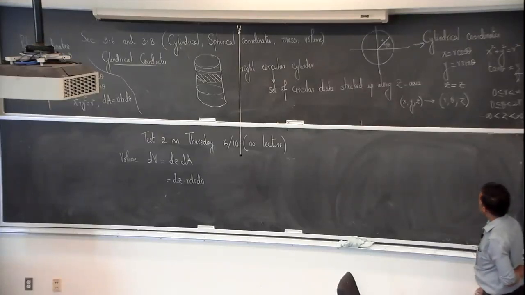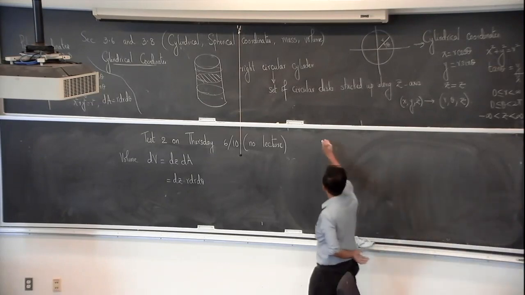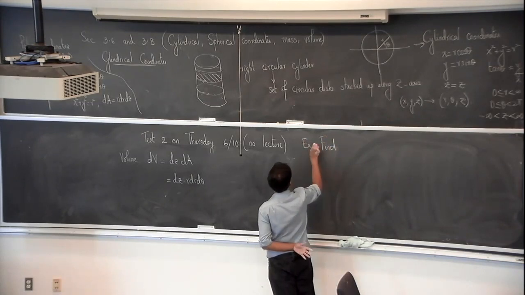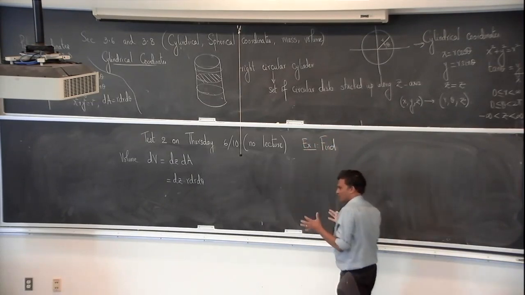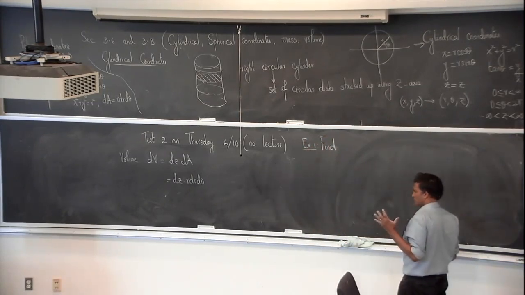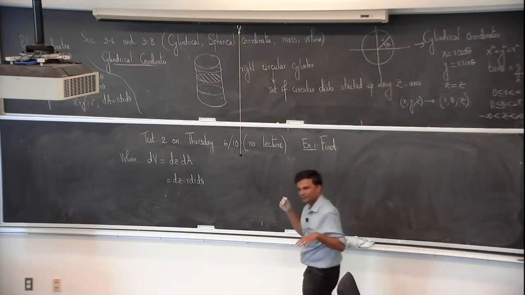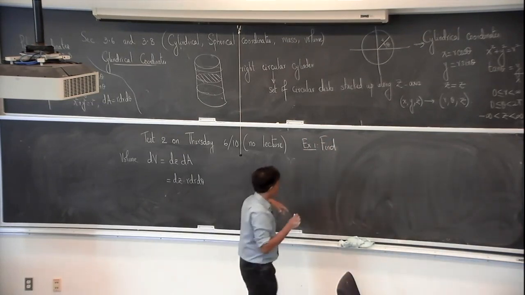All right, so we want to make sure that this works. It's always nice to check something that we know. If you take a cylinder of radius r and height h, what is the volume from your middle school? Pi r squared h. So let's see if that is what you get here.